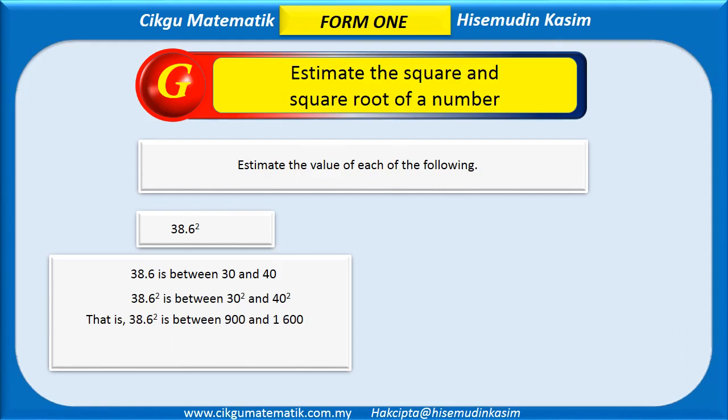That is, 38.6 squared is between 900 and 1600. Thus, 38.6 squared is near to 1600.